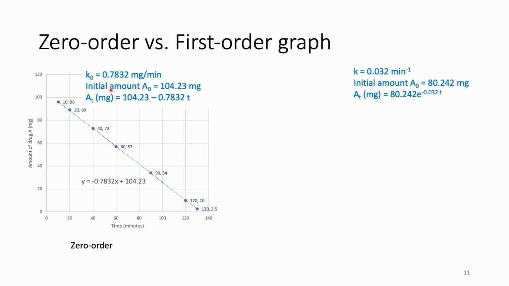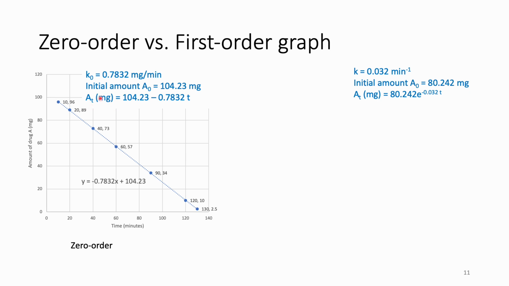Then you can calculate the initial amount of drug in the plasma, even though you cannot know it directly from the data. It doesn't show the apparent A0, or initial amount, but from this data you can calculate it. When you have the values of K and A0, you can construct an equation to describe the change, or to predict the amount of drug at a certain time.